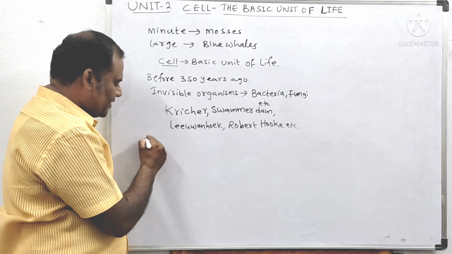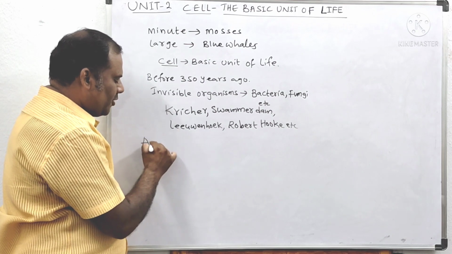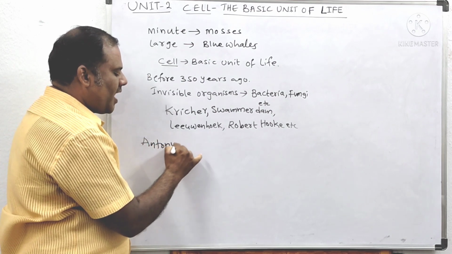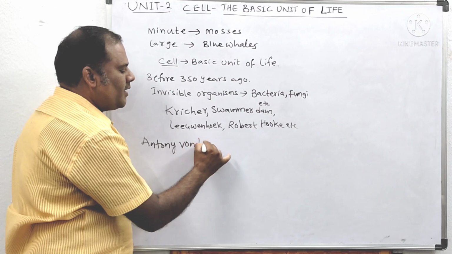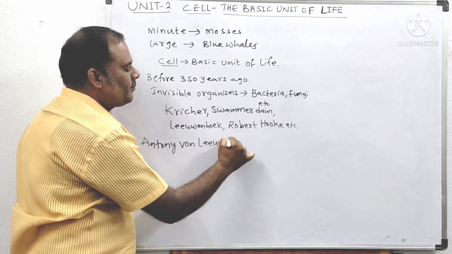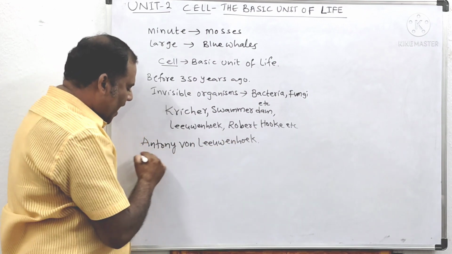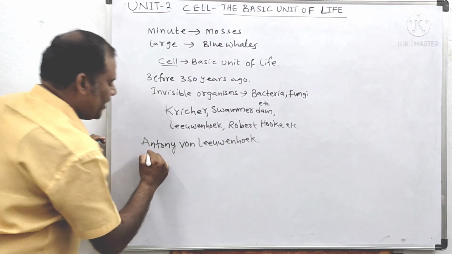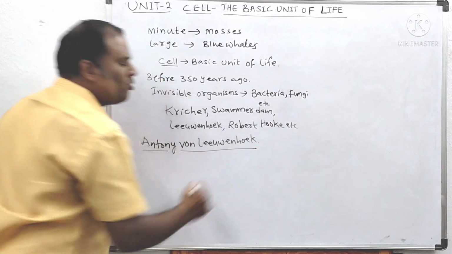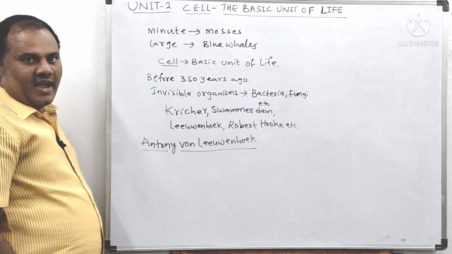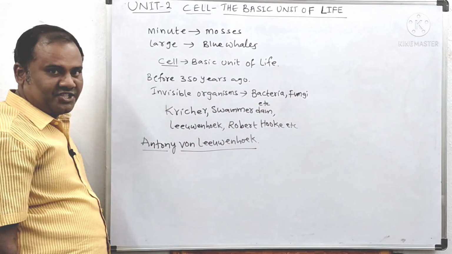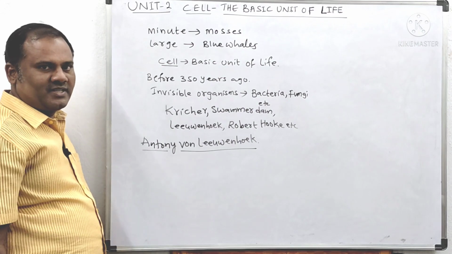Among these, first we have to discuss Antony van Leeuwenhoek. He was a scientist from the Netherlands, and he was a leather merchant who did the leather business.